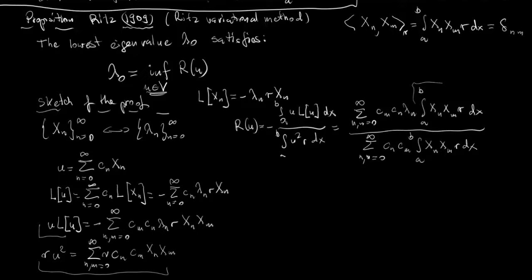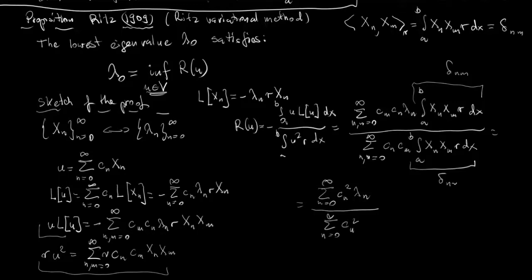So if we insert delta_nm here and likewise here, we get a sum over n, because now n must be equal to m, of c_n squared lambda_n divided by the sum from n equals 0 to infinity of c_n squared, right?